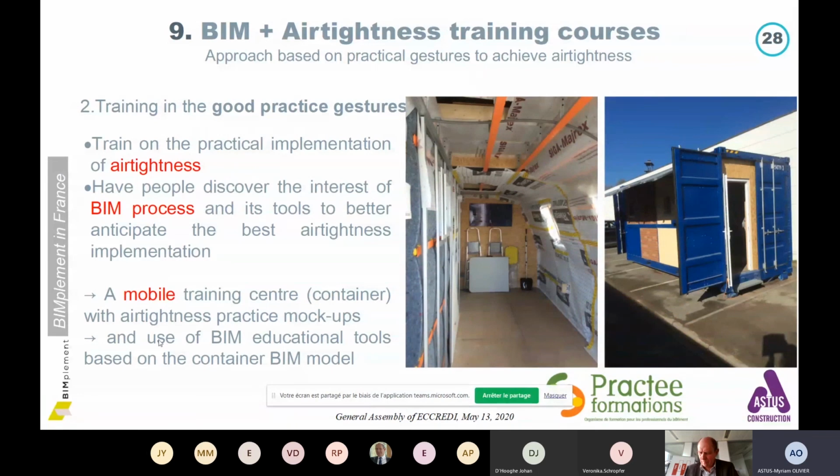It's a container which you see on the pictures here, and there are elements where on-site workers can practice the gestures they have to do to improve their practice. And this training module, this training center, comes on the site and is linked also with BIM tools, just as shown before.